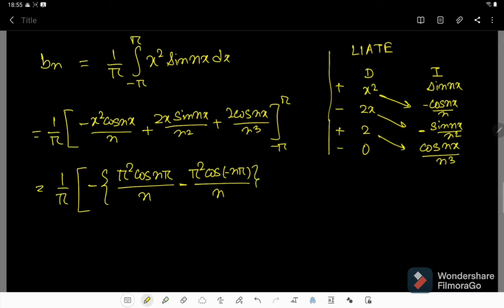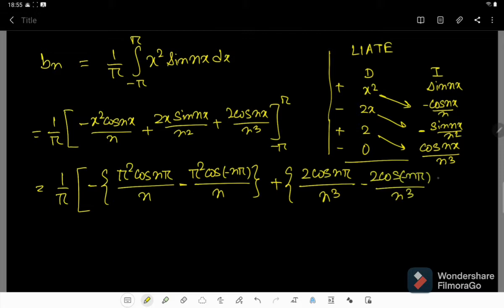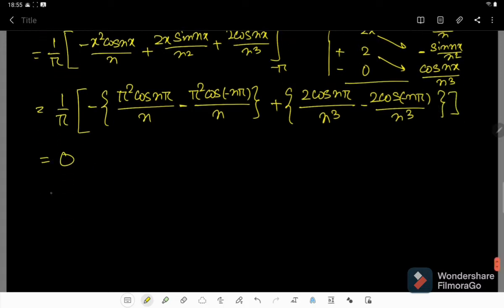So, these terms will also vanish and this term will also vanish, since cos of n pi is equal to cos of minus n pi, that is cos x is equal to cos minus x. So ultimately this will produce 0, hence Bn is 0.